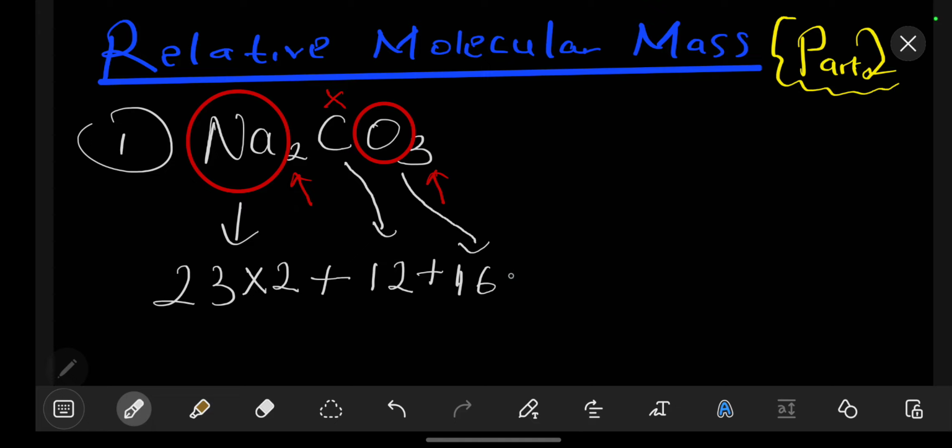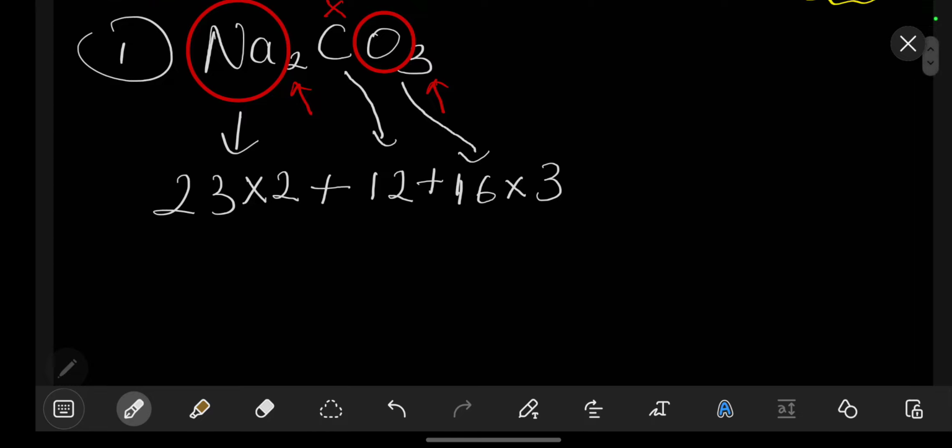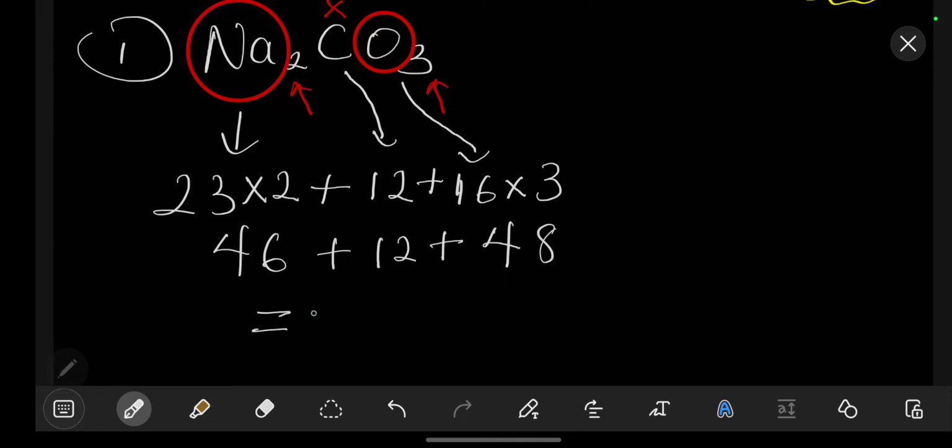We do 16 times the 3 we talked about here. 23 times 2 gives you 46, then plus 12 from carbon, then 16 times 3 gives you 48. If you add all those together, you should get 106 grams. This is the relative molecular mass for sodium carbonate.